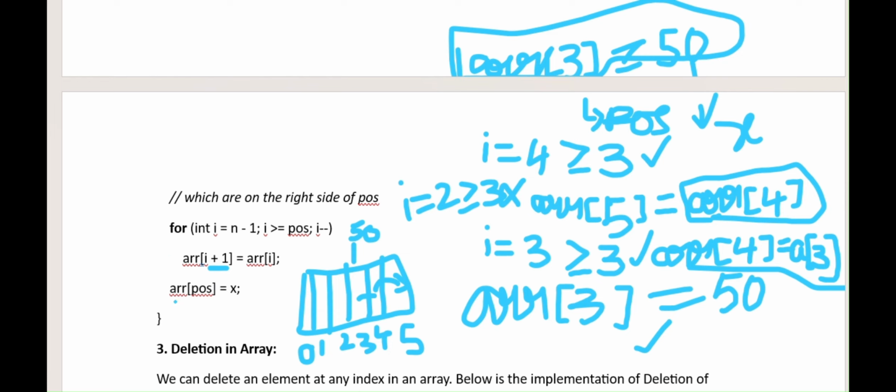What is the statement written outside of the loop? Array of position equals x, which means array of 3 equals x. X means 50, and it will be executed. In this way, we can insert an element in an array by shifting the elements to the right side of the position.